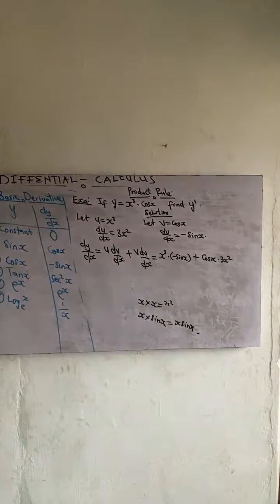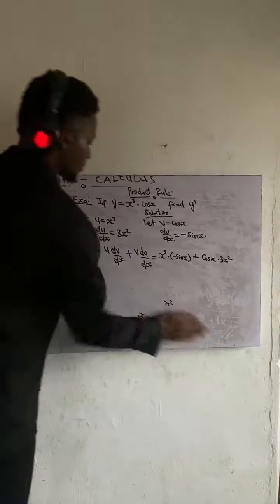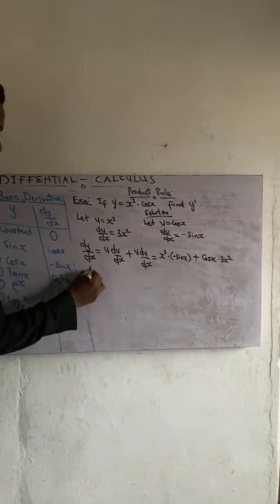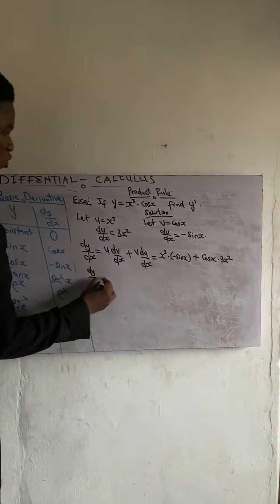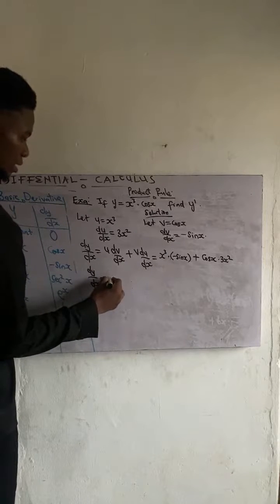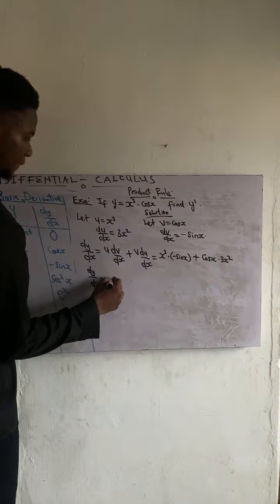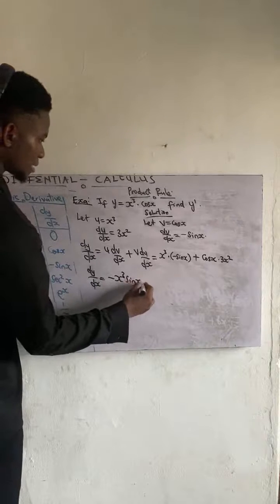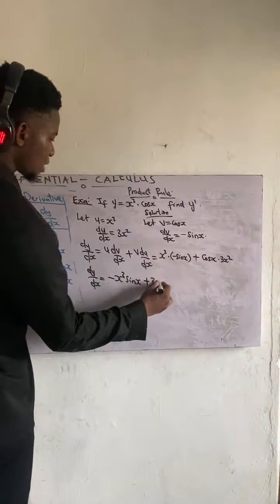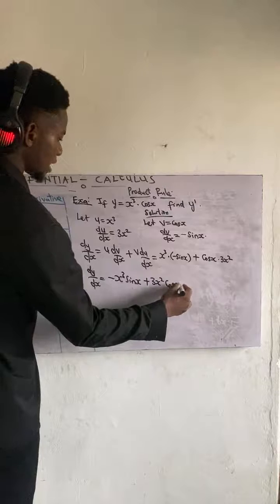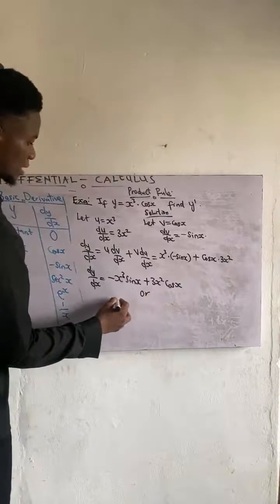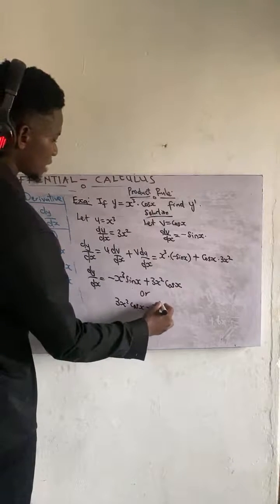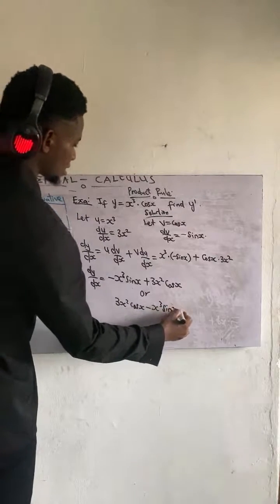Take note of that very well. So therefore, guys, this simply means that my dy dx would equal minus x cubed sine x plus 3x squared cos x. Or you write it as 3x squared cos x minus x cubed sine x.